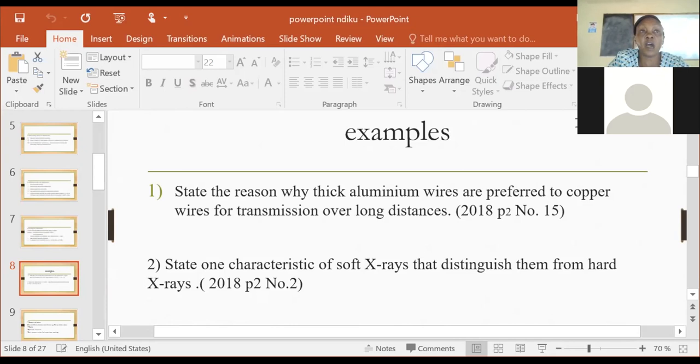Soft X-rays have longer wavelength than hard X-rays. If it's the frequency, soft X-rays have lower frequency than hard X-rays. So when we are comparing the two, a comparative term must come out. If you don't use a comparative term, no mark.